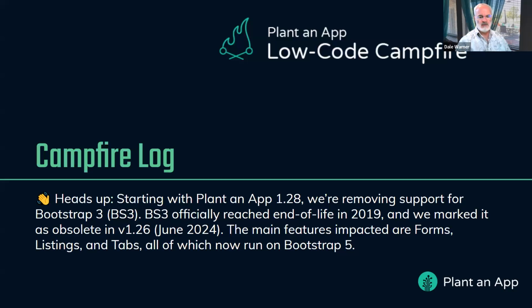By way of background, Bootstrap 3 is an external product developed by others and widely used, but it went end of life in 2019. Bootstrap 5 is what we're currently using. We've been telling you it's been obsolete for a while, and now we're going to remove it.